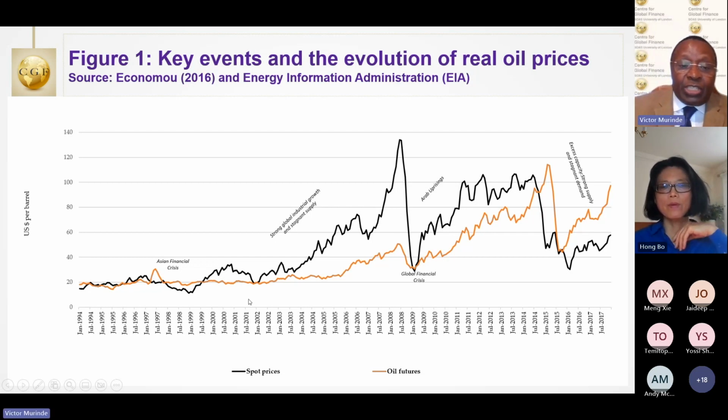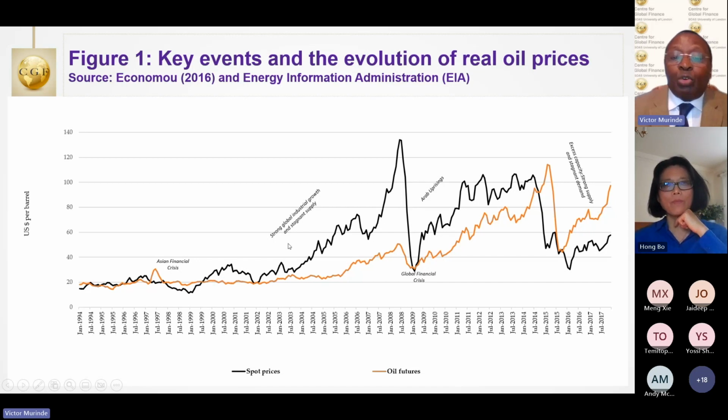Of interest here are periods like the Asian financial crisis, when there was a sharp fall in the spot prices compared to the forecast that was very high.